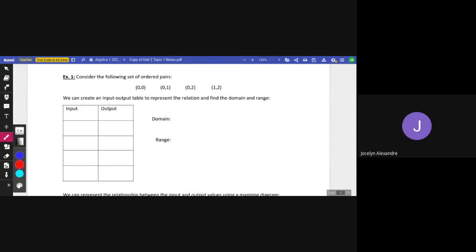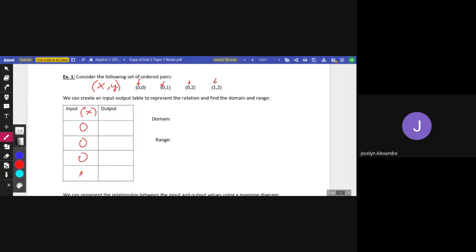If you forget which is which, remember it's in alphabetical order: X comes before Y in the alphabet. Our first input is 0, our second input is 0 again, third input 0 again, and fourth input is 1.